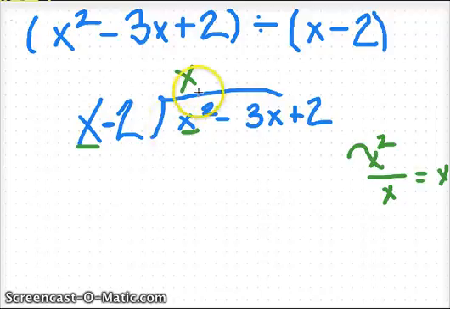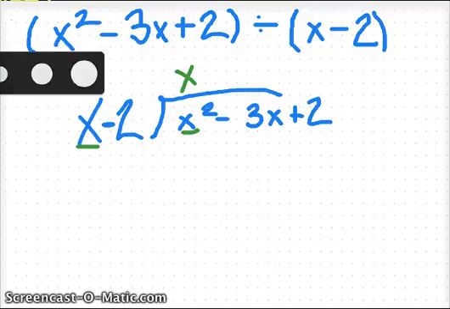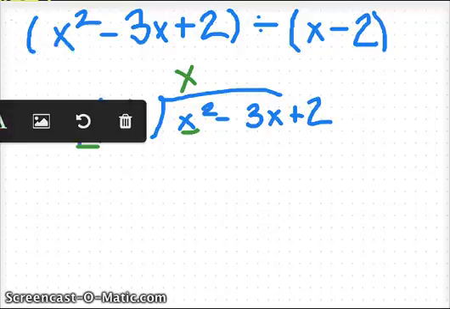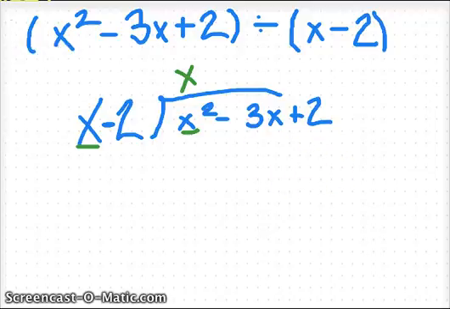So we're going to times it. I write it like this to help me out. So I would do x times x minus 2.